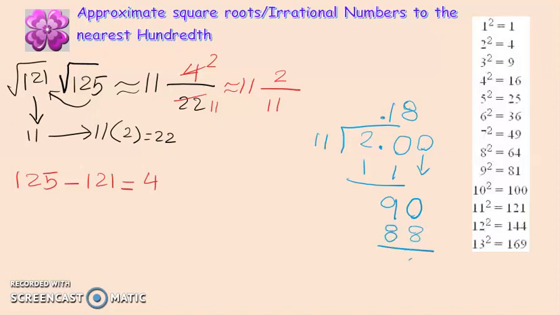Subtract, it is 2. Should I continue? It's optional. You can continue and then round it, but as a teacher, I always ask my students to stop here because they are not going to find the exact value. They are going to find the approximation. So up to here would be enough. Now you are ready to answer the question.